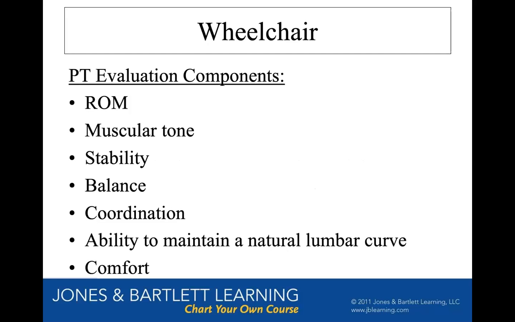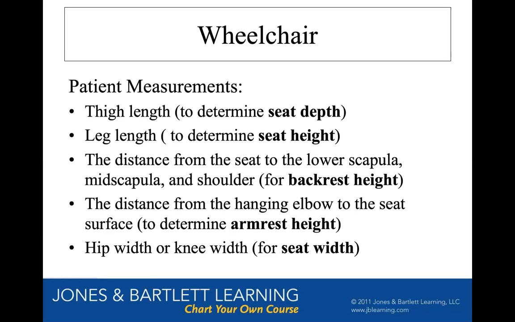You do all these, and these are all the things that you look at and evaluate, just like you would for anybody. But then you've got to get certain measurements for a patient. And these are going to be the same whether you're getting a manual chair or a power chair. Okay, so you got to get the seat depth. So you got to get their thigh length. You got to get their leg length, so you know how high their seat needs to be off the floor, or how high the wheelchair is.